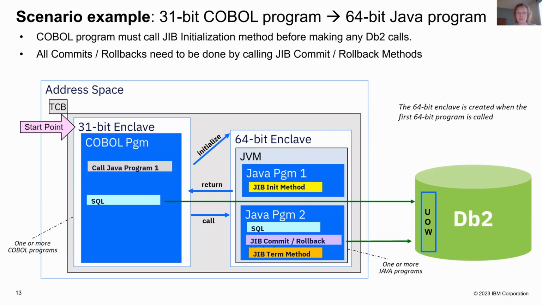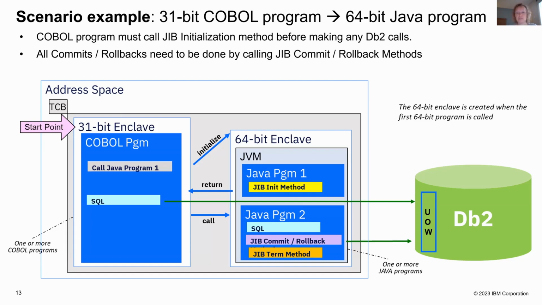So your first call to a Java program actually initializes the JVM. And if you choose to, you would call this JIB init method, which initializes your connection to Db2 to be used in COBOL as well as in Java. Then you can execute an SQL statement from your COBOL program, you can execute it from a Java program, and eventually when you reach the end of the transaction, you are not calling a Db2 commit, you call a JIB commit, which comes with a package, or a rollback.